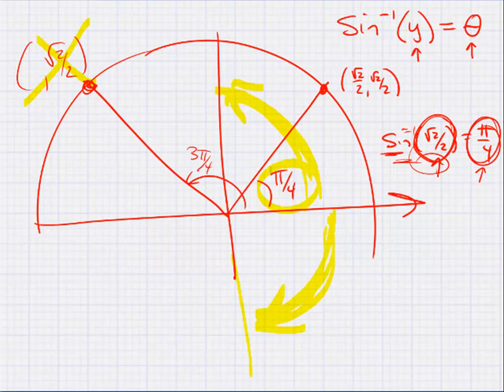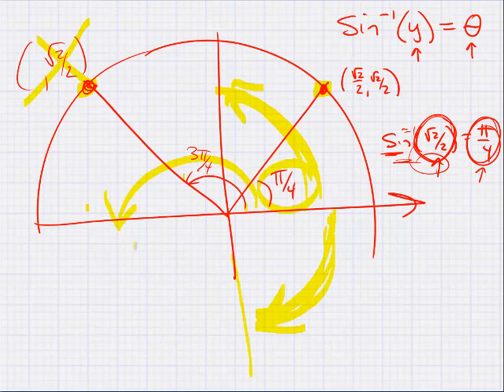However, for triangles, any angle really could exist, but we're using inverse sine to get our answer. So what's the relationship between these two angles? The two of them added together give me 180, all the way around. They're supplementary angles.